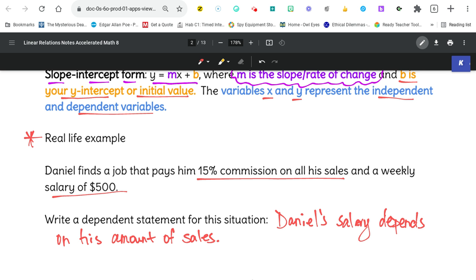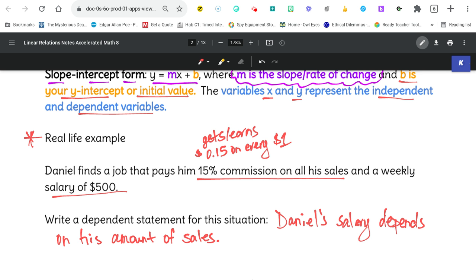Now, what does 15% commission mean? 15% commission means he gets or earns 15 cents on every dollar he sells. Okay?